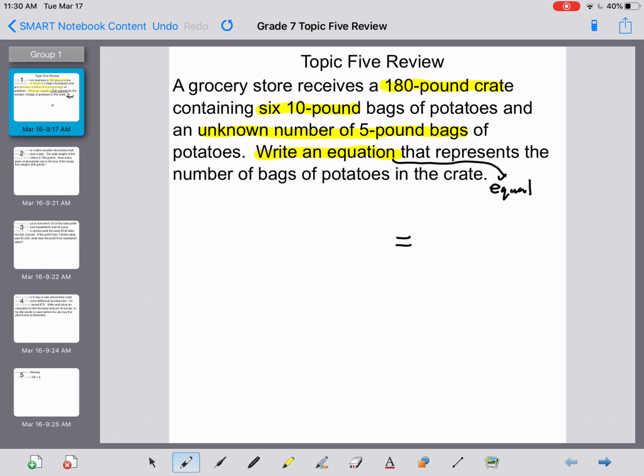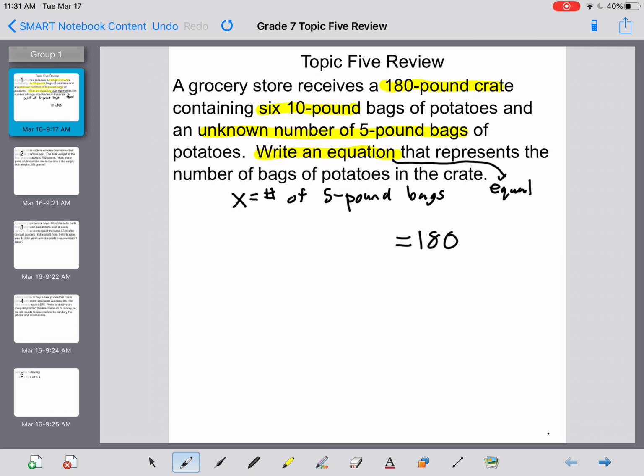So I know that I'm going to have to state what my variable is. In this case, I'm going to use x, and I can say x equals the number of 5-pound bags. I know that the total is going to be equal to 180.